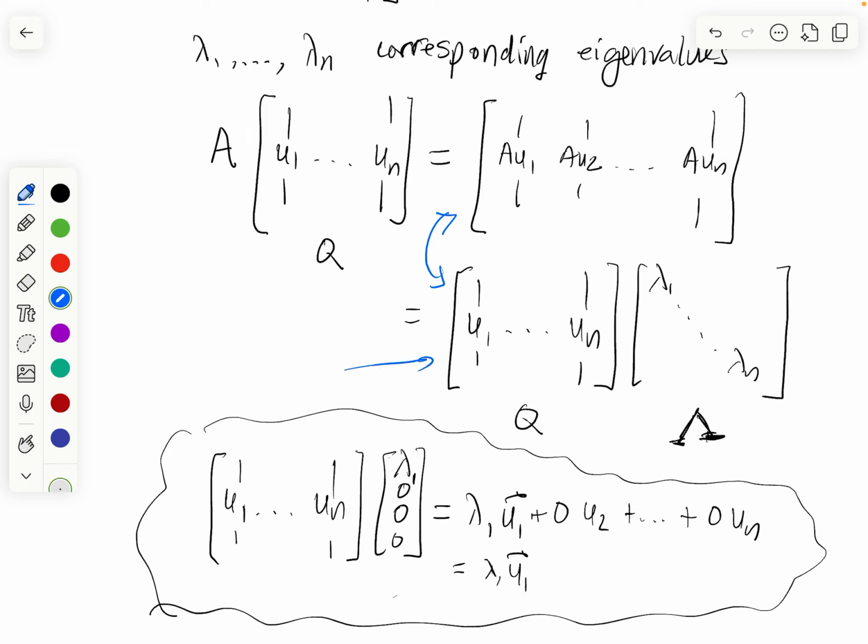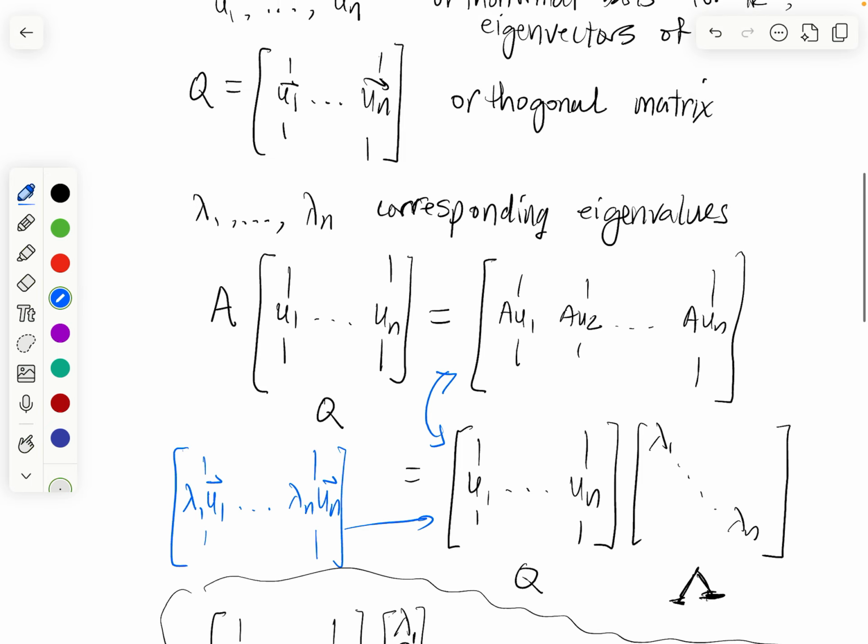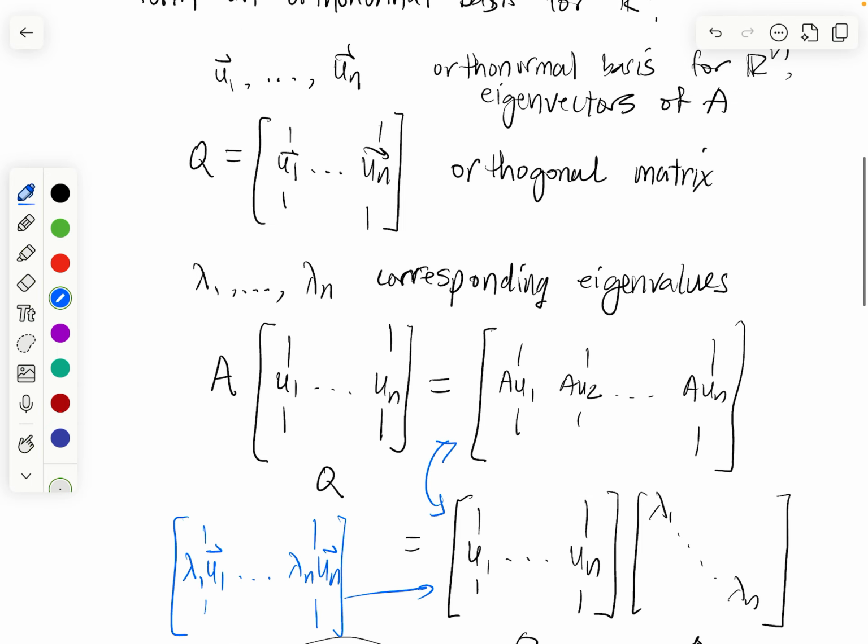So this matrix is going to be the matrix where the first column is lambda 1 U1, and the last column is lambda n Un. So why are these two matrices equal? Because if lambda 1 through lambda n are the corresponding eigenvalues, then A times U1 is lambda 1 U1, A times U2 is lambda 2 U2, up to A times Un is lambda n Un.